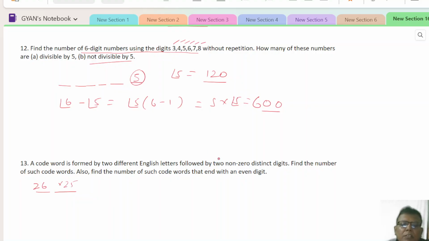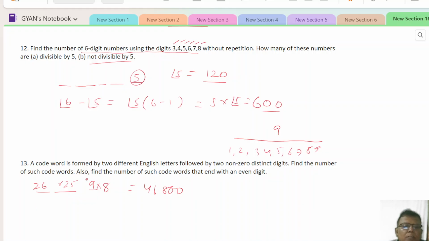And non-zero, how many non-zero distinct digits? That is 1, 2, 3, 4, 5, 6, 7, 8, 9. That is 9 distinct digits. So here it will be 9 into 8. So that will be equal to 46800.